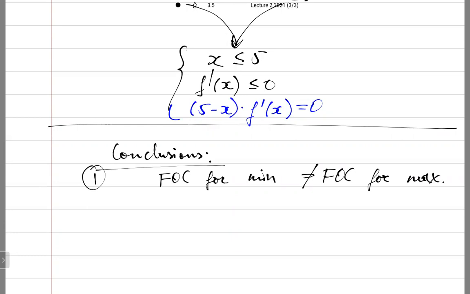So when you are asked on the exam to find all extrema, not just all maximum values or minimal values, first you check first order condition for minimum, you check second order condition for minimum, and then you check first order condition for maximum, second order condition for maximum.